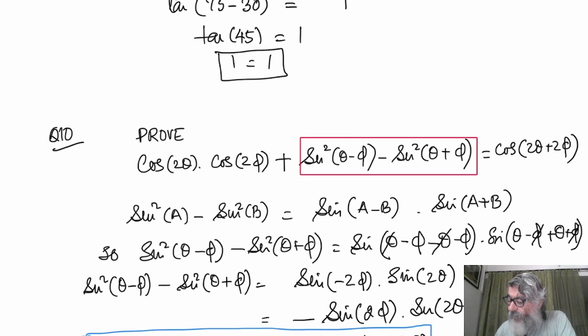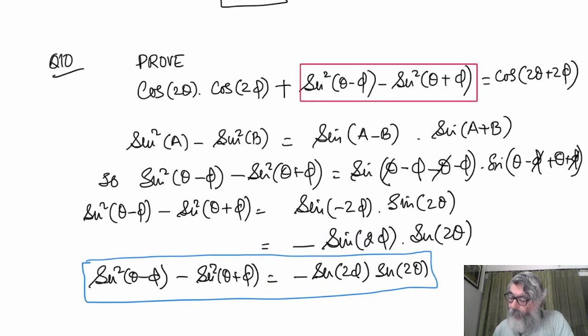Okay, now this I'll put into the equation. From the question I have cos 2 theta cos 2 phi, and this whole becomes minus sin 2 phi sin 2 theta.